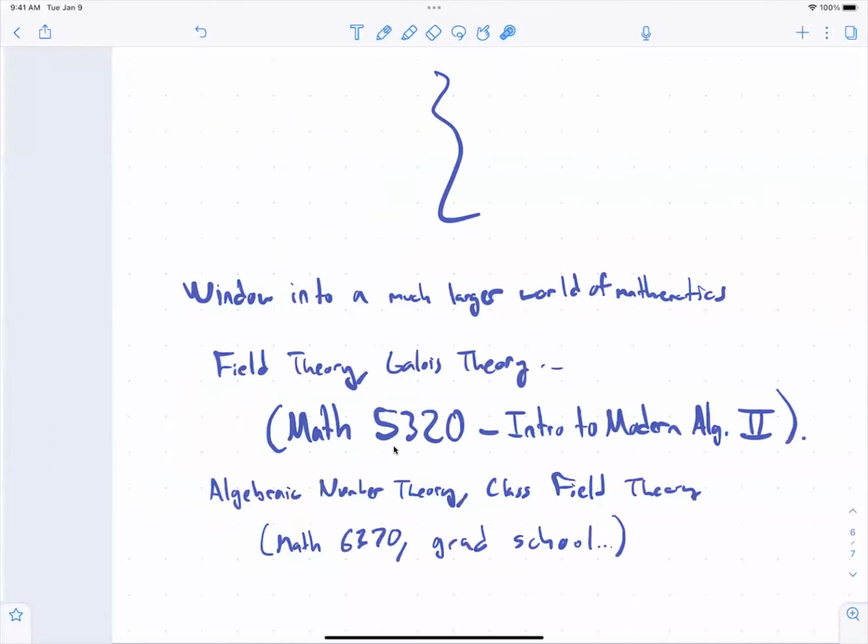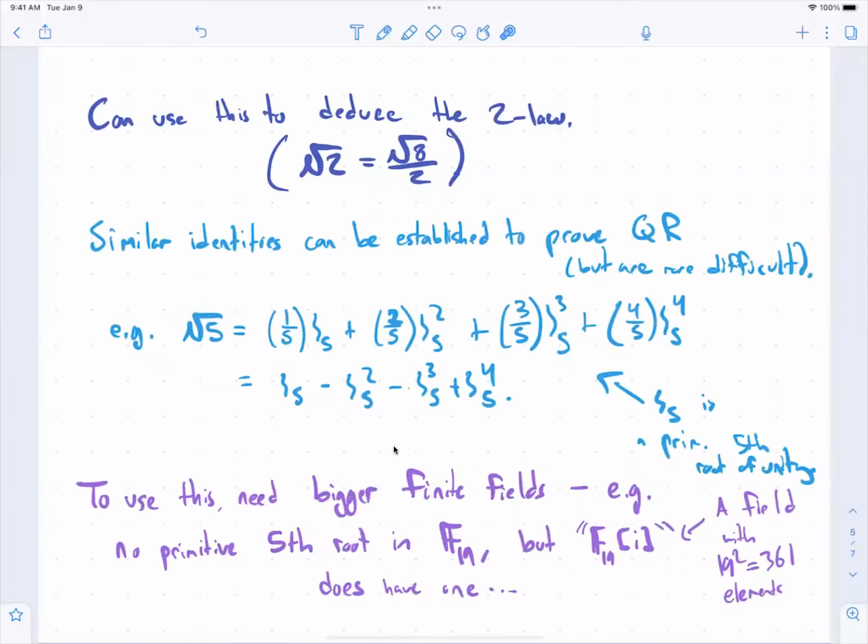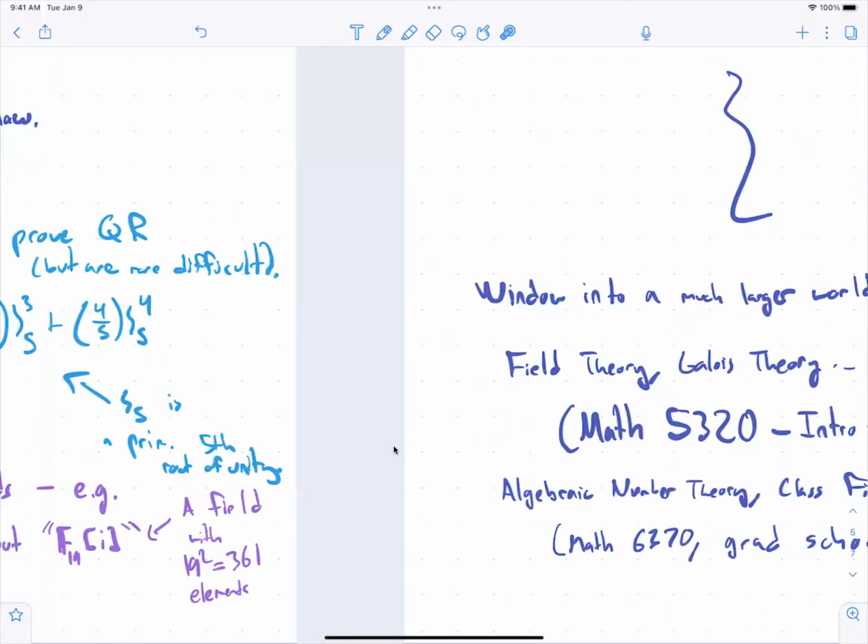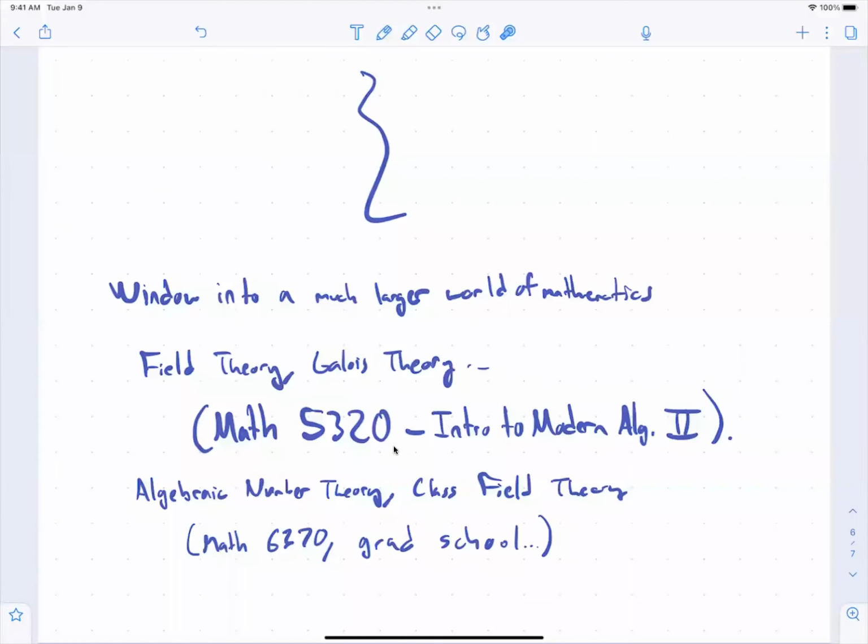And if you chase down the ideas involved in this proof, it leads to a lot of very interesting and deep mathematics. The tools you'd need to understand that proof fully are called field theory and Galois theory. Those are things you would learn in Math 5320, which is Intro to Modern Algebra 2. If you'd like to take that, you'll learn lots of exciting things. And that would let you prove quadratic reciprocity.